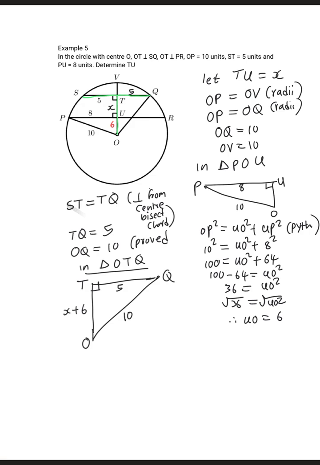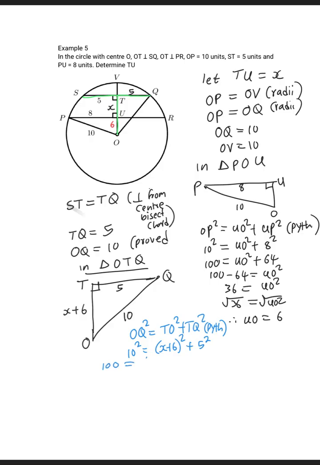So we're going to say OQ squared is equal to TO squared plus TQ squared. This will be the Pythagoras. And then we have OQ is 10 squared is equal to TO, which is x plus 6 all squared, plus TQ is 5 squared. 10 squared is 100.